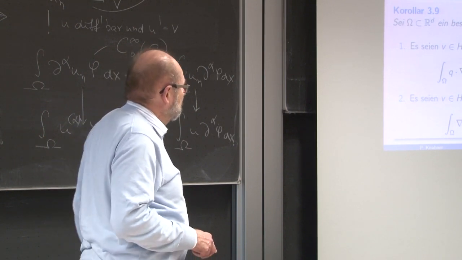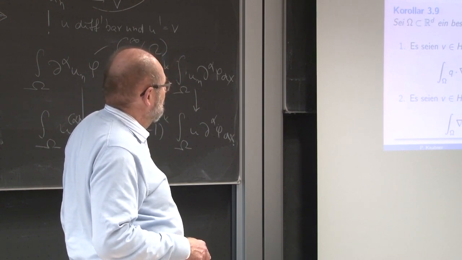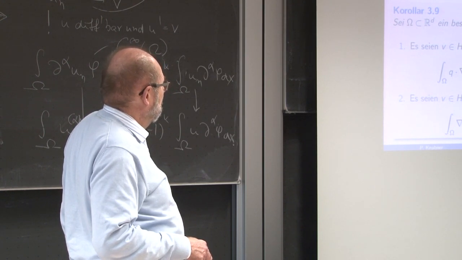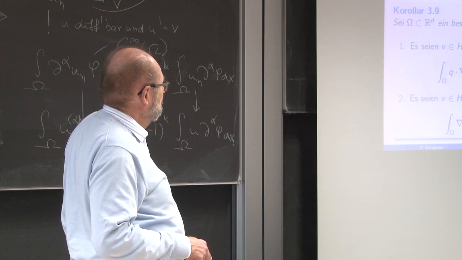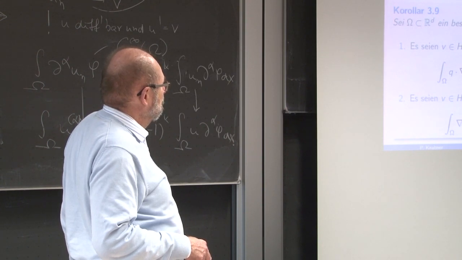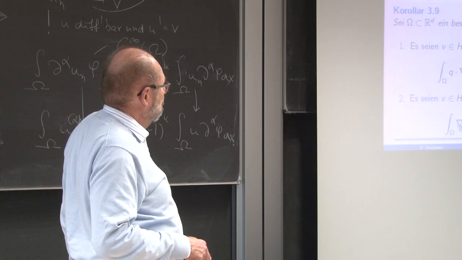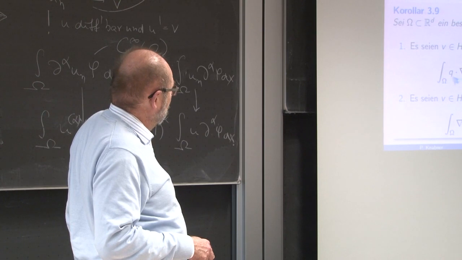And maybe as the last thing, we are not yet complete, but if we now have a W in H1, but V in H2, then we said the gradient of V is in H1 component-wise, each component of the gradient of V in H1. So the gradient of V is now allowed to play the role of the Q here.